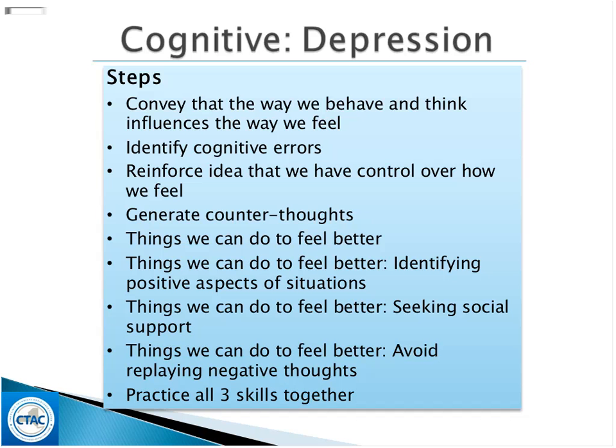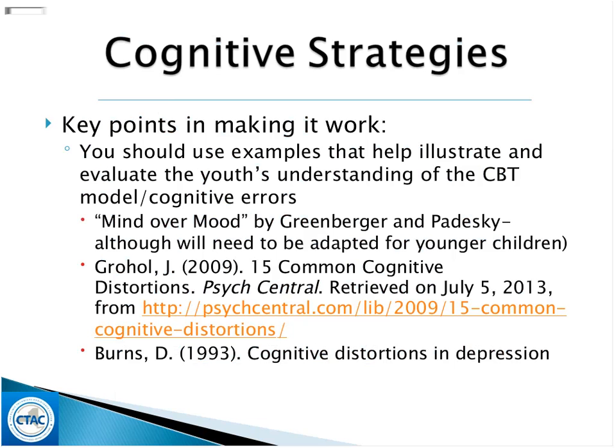And then there are other kinds of skills that can be taught related again to this idea of cognition, the acronym TRUE, which is essentially trying to combat the maladaptive cognition that is occurring by asking specific questions.